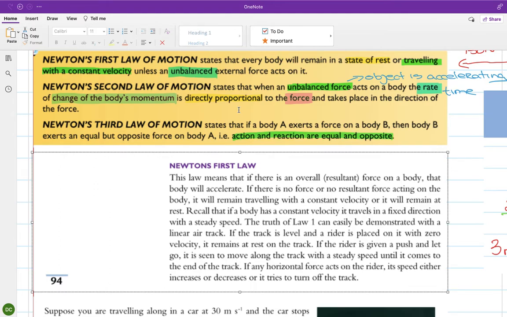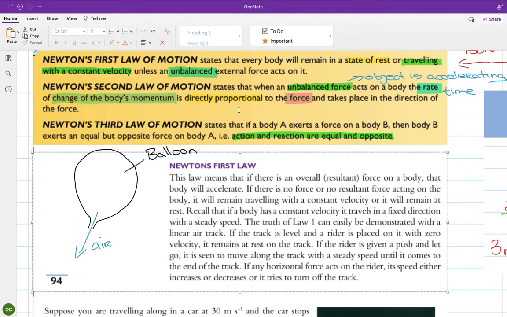I think the best example of this is if you have a balloon, and it's full of air. And you're holding it down here, and then you let go of it, the air will shoot out the back.